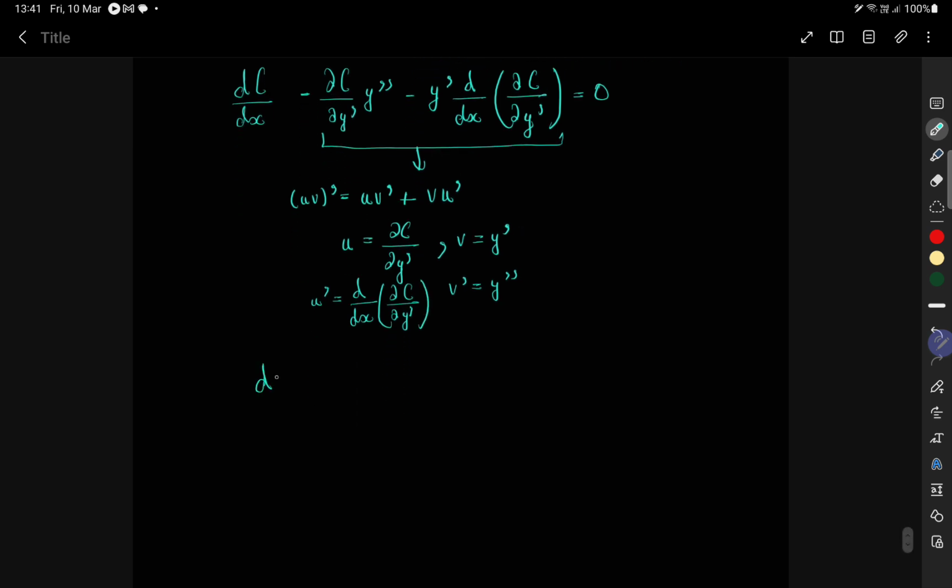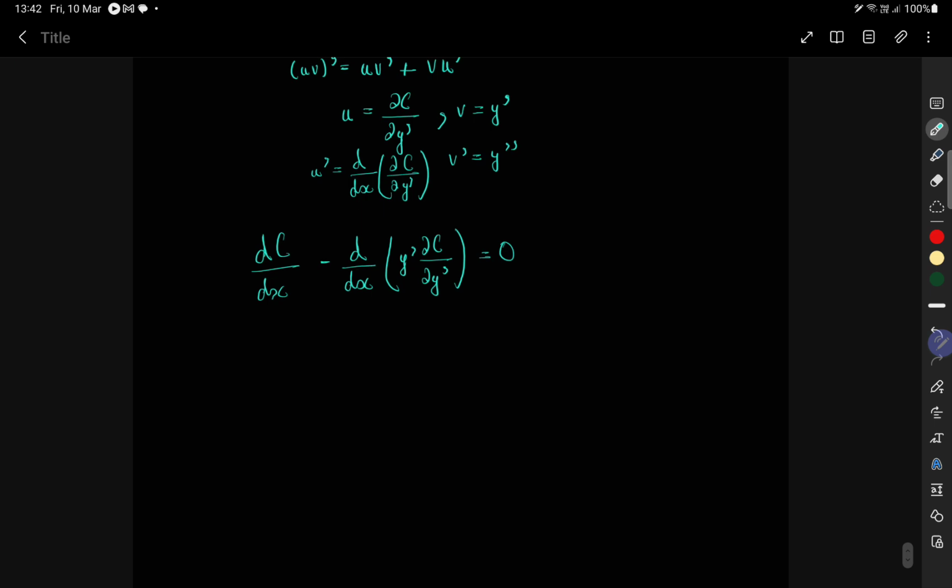Now we can write this entire thing as dc by dx minus d by dx of y prime times partial c by partial y prime equals 0.